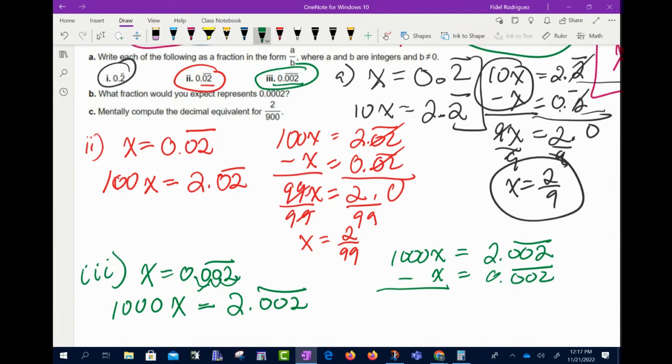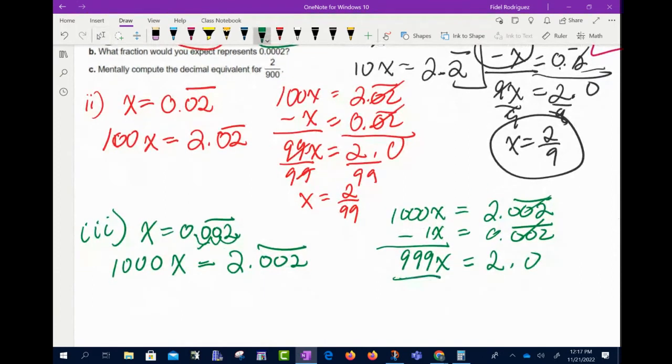Okay. Again, those decimals are going to cancel each other out. That's going to leave me with a 2. 1,000x minus 1x is a 999x. Okay. So when I divide everything by 999, okay, I'm coming up with 2 over 999, right?